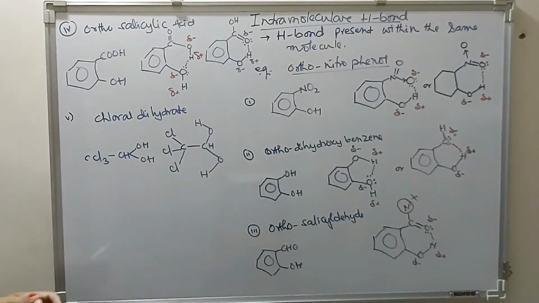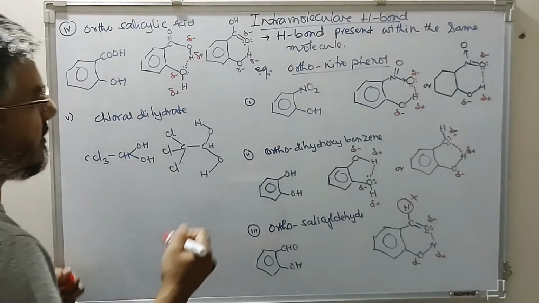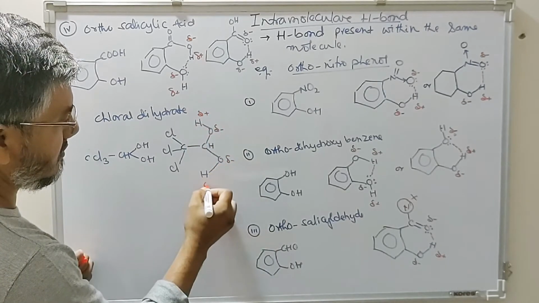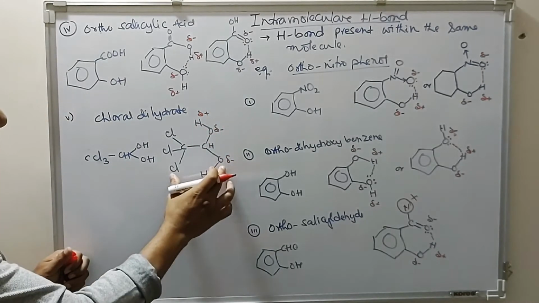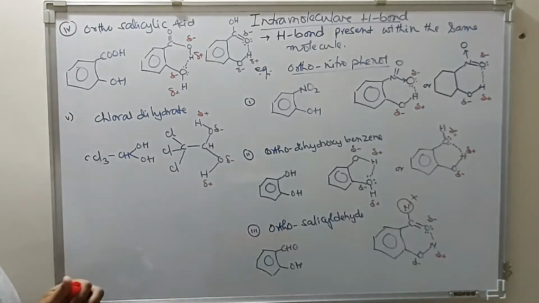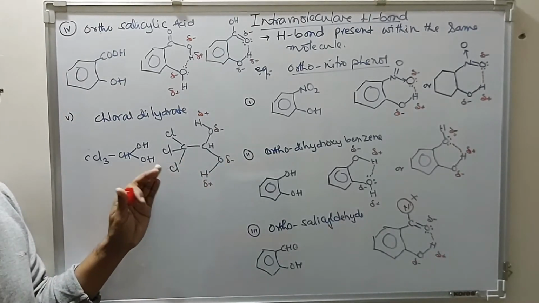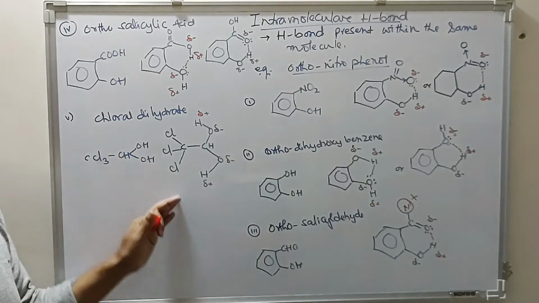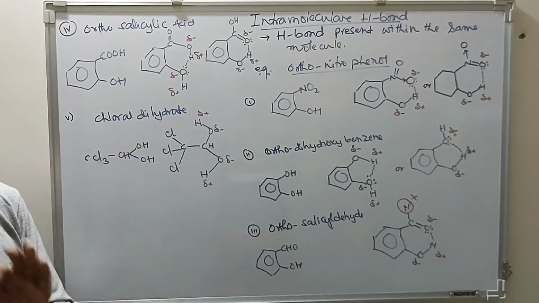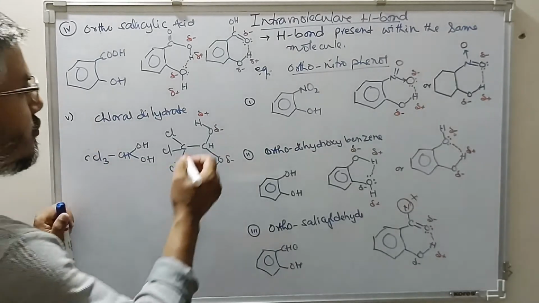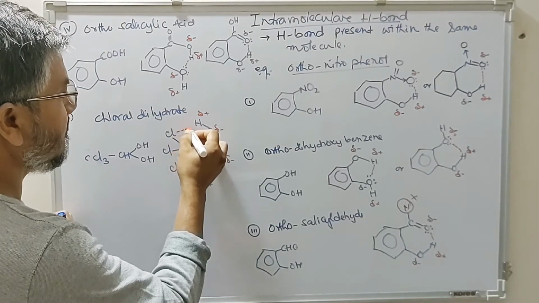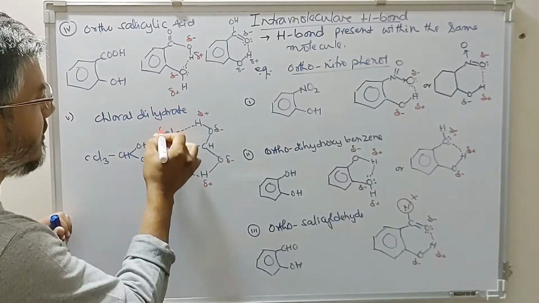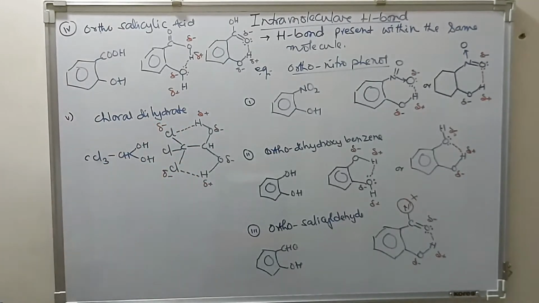The first condition is hydrogen bonded to an electronegative atom, so we have a polarization here. This hydrogen is centered between two electronegative atoms. Though hydrogen bonding involving chlorine is weaker due to its lower electronegativity and larger size, chlorine can still participate in hydrogen bond. So there is a hydrogen bond here. This is negatively polarized, this is also negatively polarized.